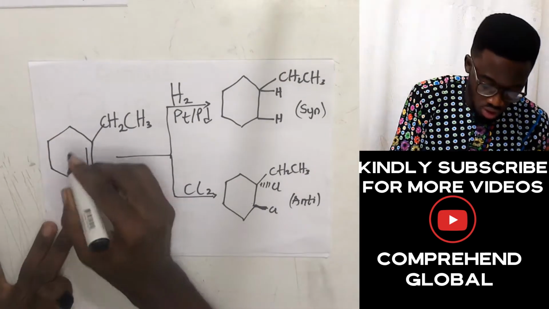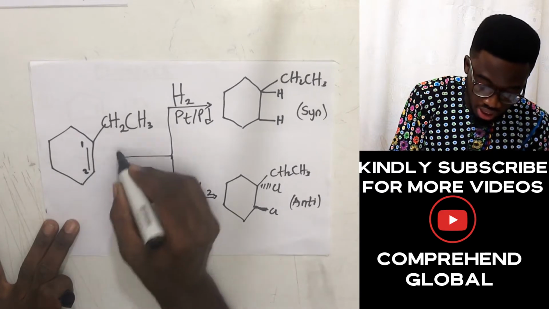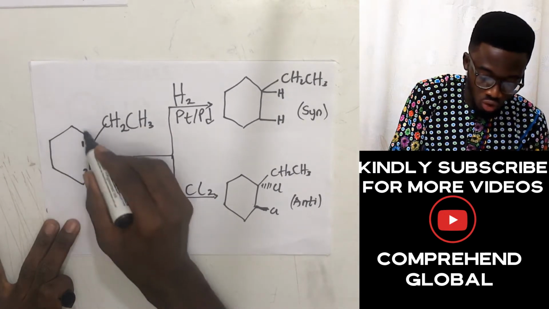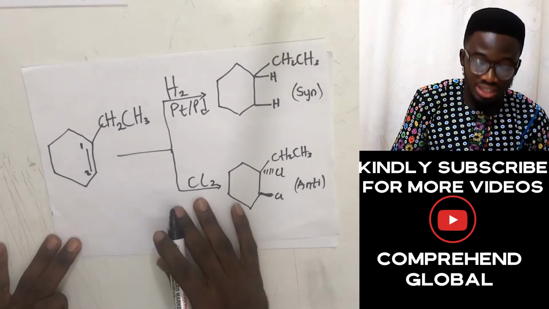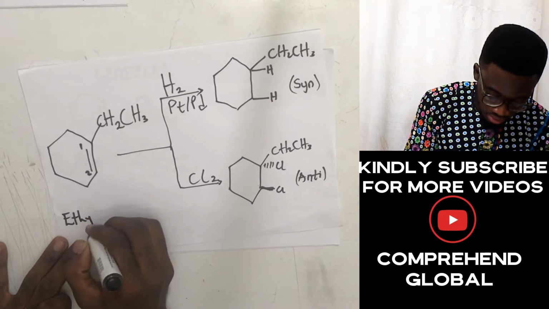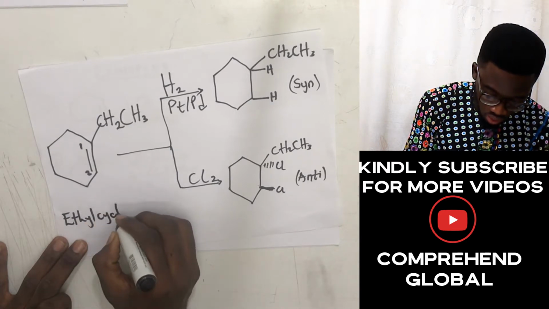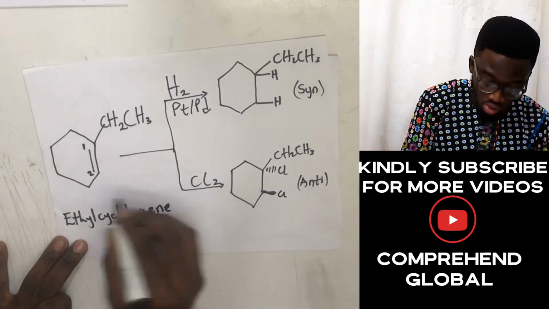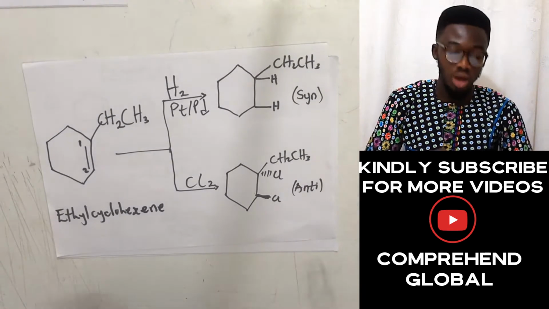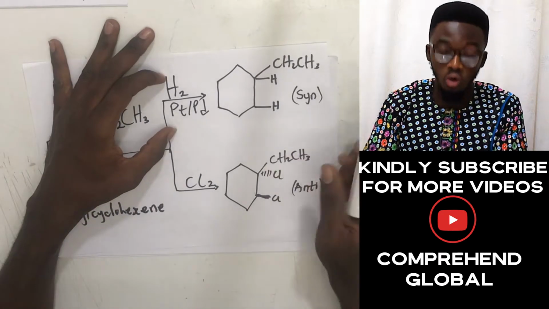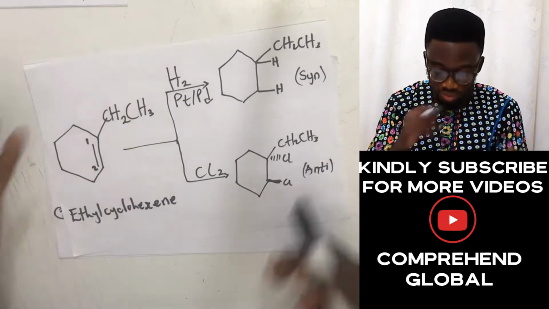We have position 1 and 2, and then an ethyl, and it's a cyclohexene because there is a double bond there. So we have an ethyl cyclohexene that is reacting with H2 in the presence of palladium or platinum.